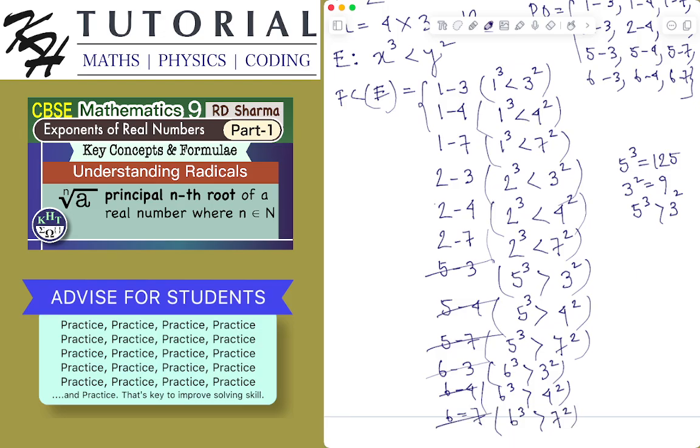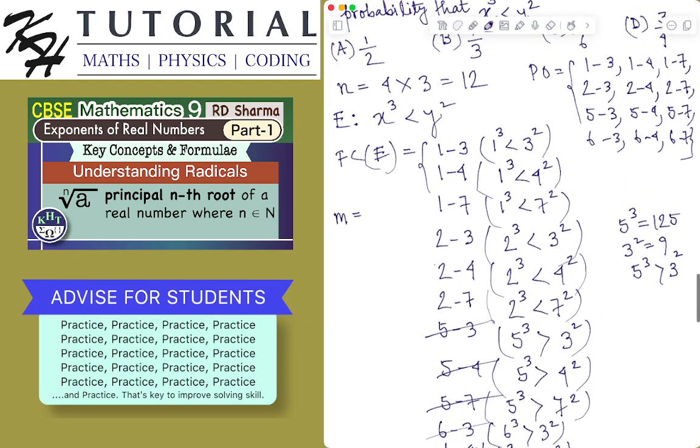So the number of outcomes which are favorable to the event E are 1, 3, 1, 4, 1, 7, 2, 3, 2, 4, 2, 7. So there are 6. M is 6. Then the probability of the event E will be equal to M by N, which is 6 by 12, which is equal to half.